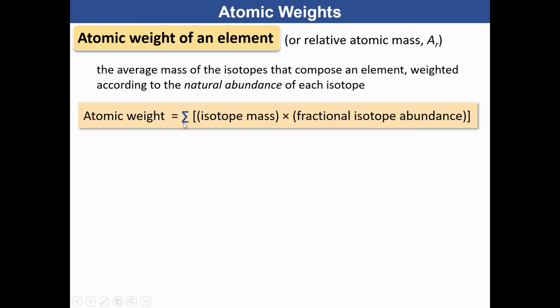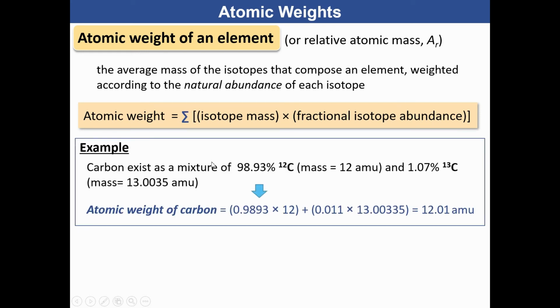And here is a sign of summary. For example, the atomic weight of carbon equals 0.9893, which is the abundance of carbon-12, multiplied by 12, plus the abundance 0.011, where we do some rounding, multiplied by the mass of carbon-13, which is 13.000335.